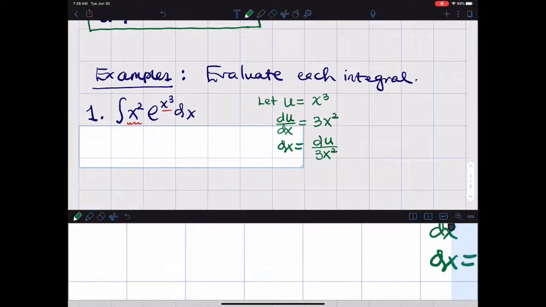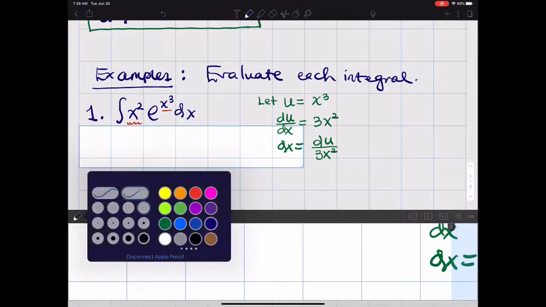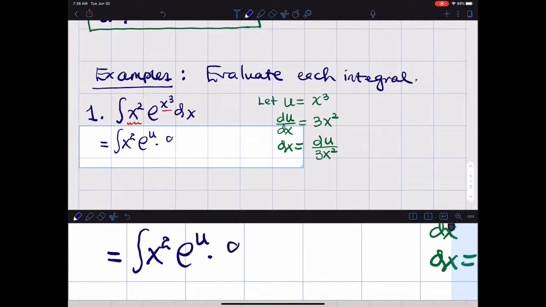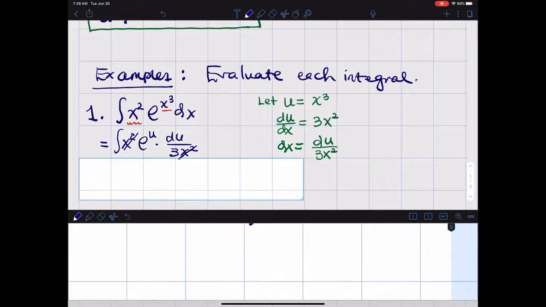Alright, so that when we come back here, we plug in our u's and our values of dx. So we have x squared e to the u. Instead of dx, we now have du over 3x squared. So things are going to cancel out. This and that are going to cancel out.